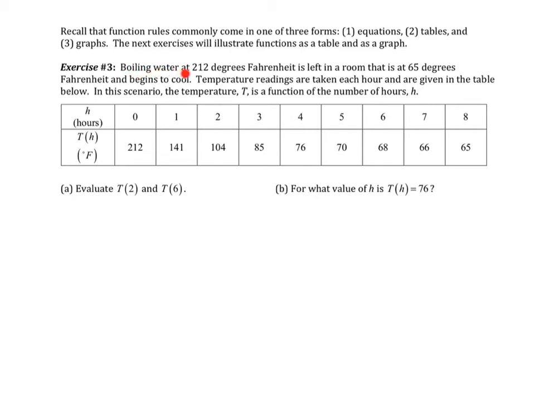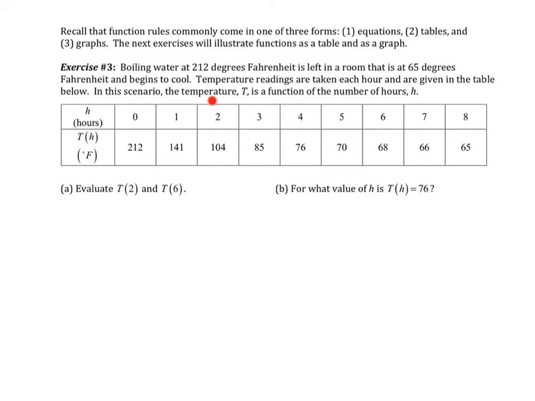Okay, boiling water at 212 degrees Fahrenheit is left in a room that is 65 degrees Fahrenheit and begins to cool. So what this is saying is that we have boiling water, we take it off the stovetop, we put it on the normal counter, and we just let it sit. And then it says temperature readings are taken each hour and are given in the table below.